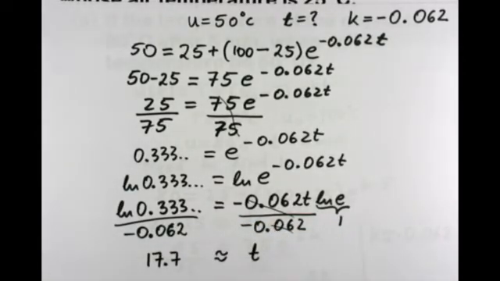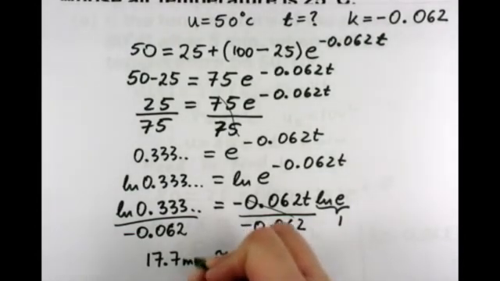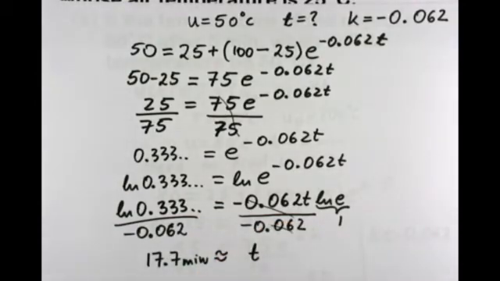So 17.7, and we have in minutes, 17.7 minutes. So the question was, when will the temperature of the object be 50 degrees? It will take 17.7 minutes. After that, the temperature of the object will be 50 degrees.